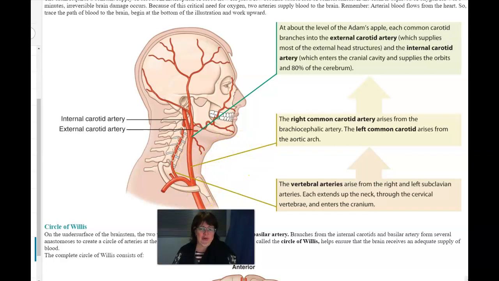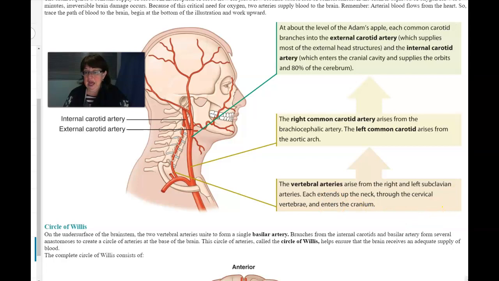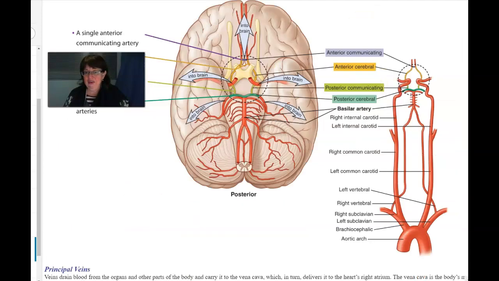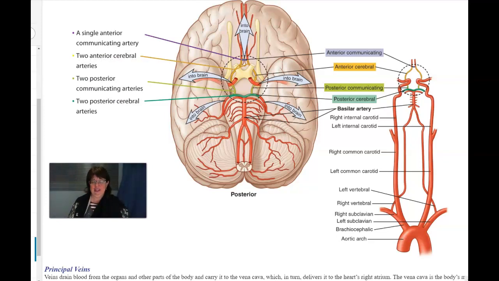You don't have to worry about the specific names of these ones, although some of them are obvious, such as the blood vessels that feed the vertebrae are the vertebral arteries. Good. Now, a very complicated set of blood vessels are feeding the brain. I do not want you to know all these names, but I do want you to be aware of something called anastomosis.